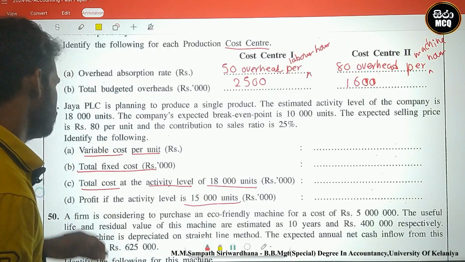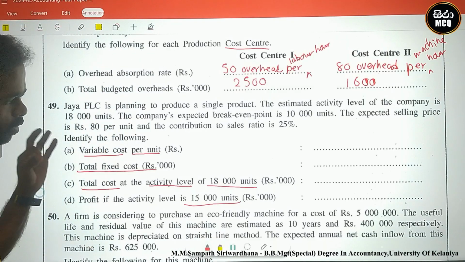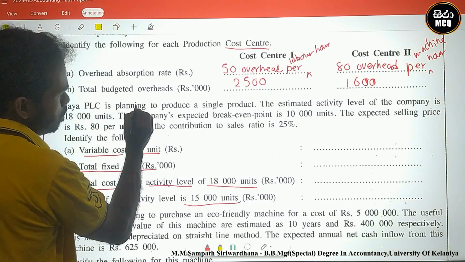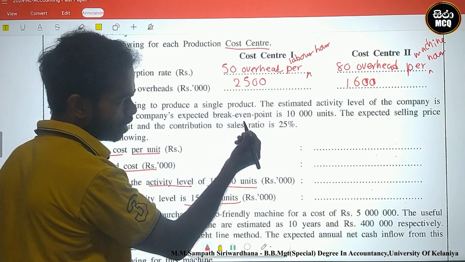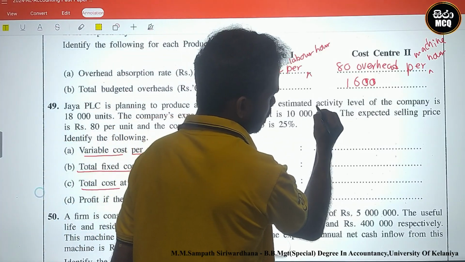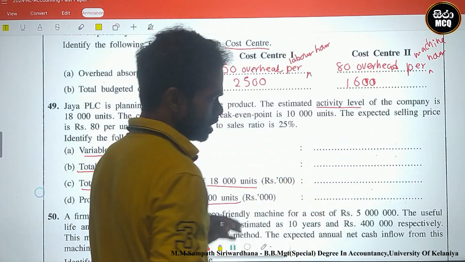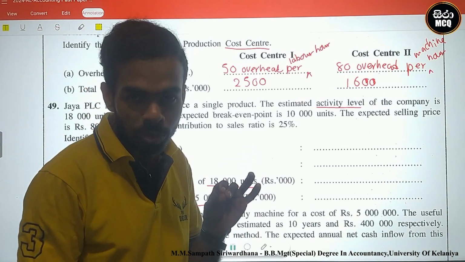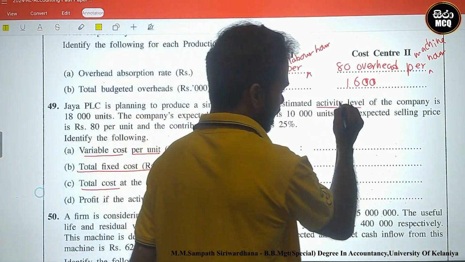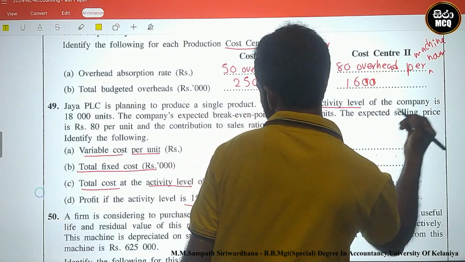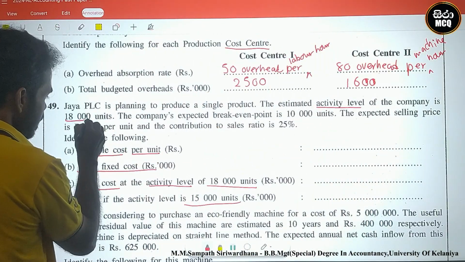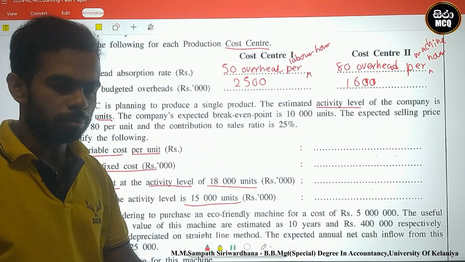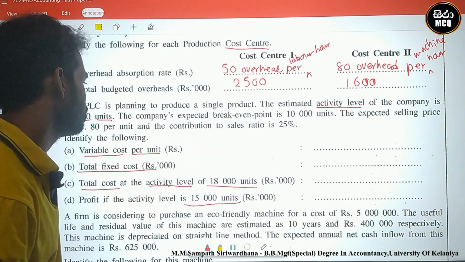Okay, let's see. Firstly, we identify the variable cost per unit. What is the question? Jaya PLC is planning to produce a single product. The estimated activity level means estimated production units. The estimated maximum capacity is 18,000 units.